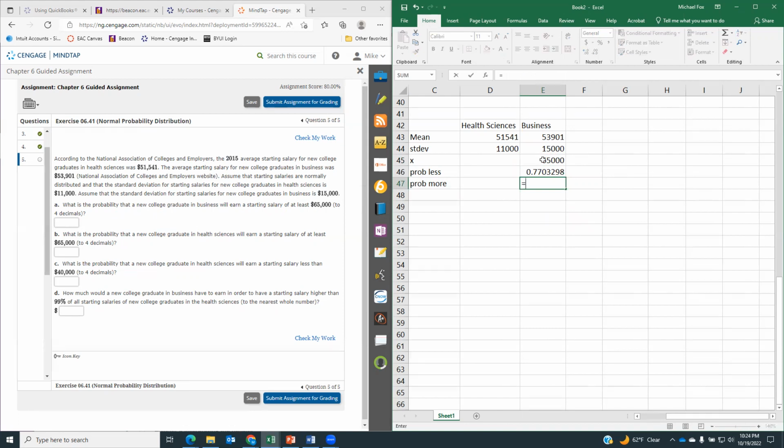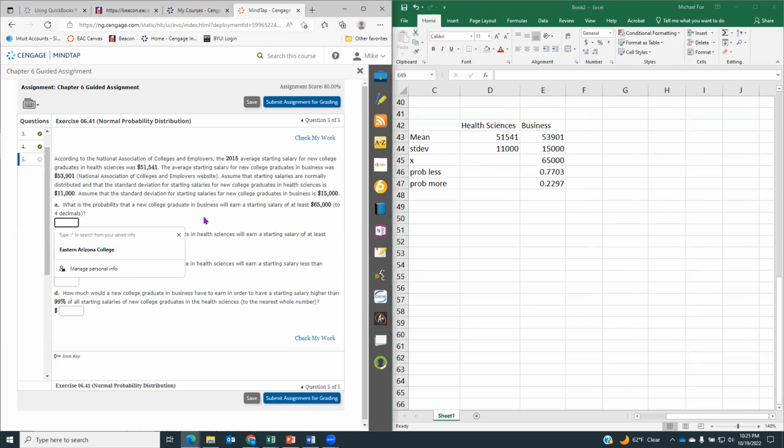So I'm going to say this equals 1 minus the probability of less. And this says to 4 decimals, so I'm going to go ahead and format this. So the probability that they make at least 65,000 is 0.2297, or 22.97%.